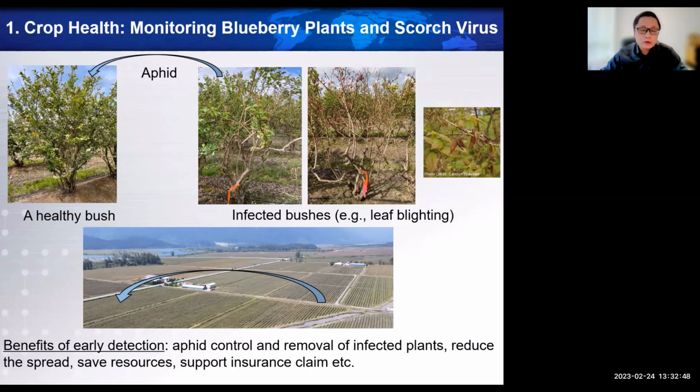As you can tell from the photos here, if infected by Scotch virus, the yield will be reduced significantly. And the growers can also consider submitting the insurance claim early, not necessarily waiting until the late growing season to deal with insurance.